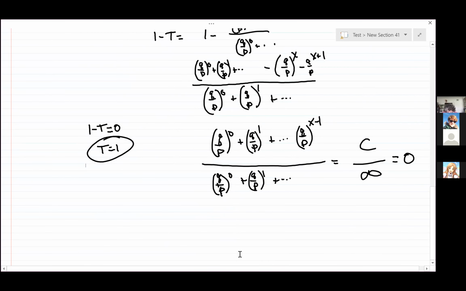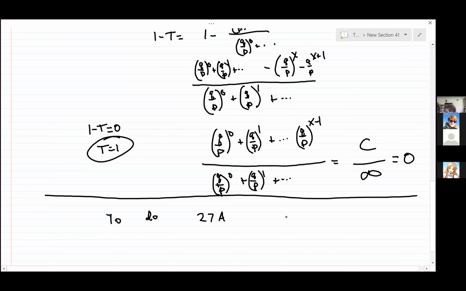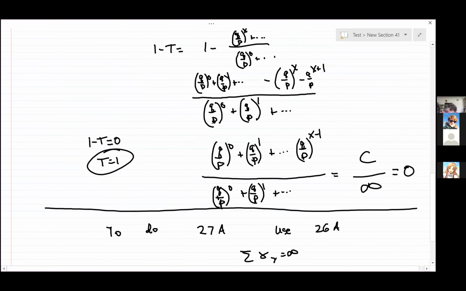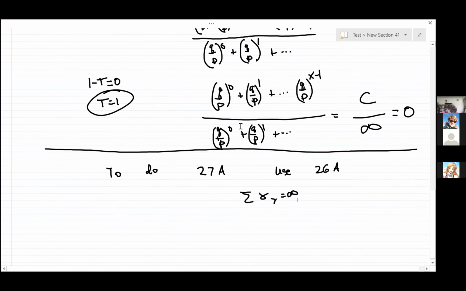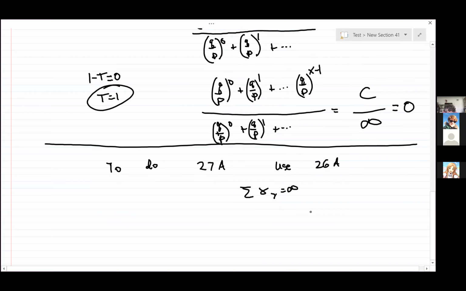Forget all of this. To do 27a, use 26a. 26a says that if the sum of the gammas goes off to infinity, which they will, because this is a divergent geometric series, then it just tells you that rho x0 is equal to 1 for x greater than or equal to 1.